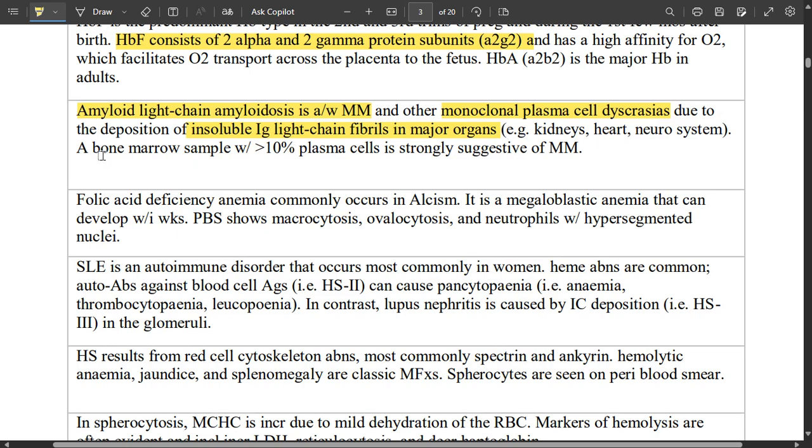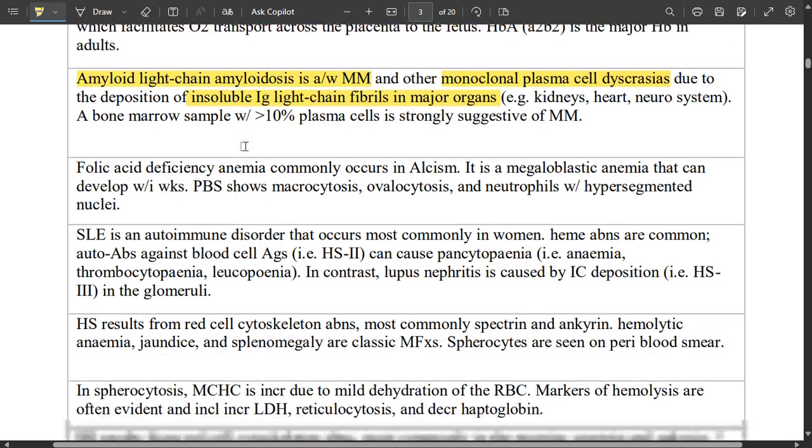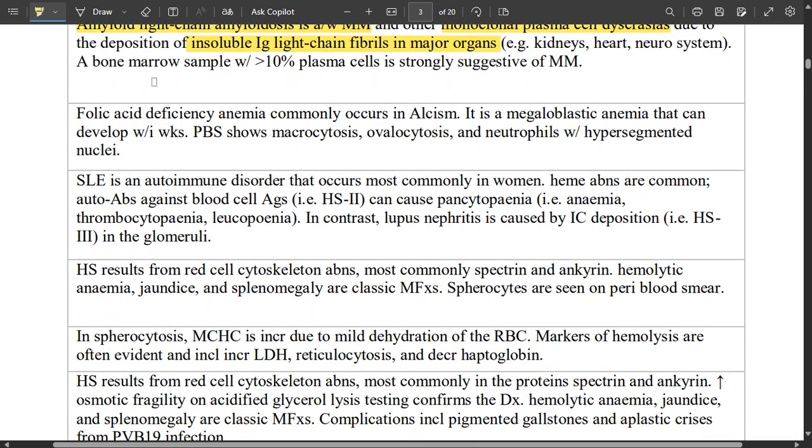A bone marrow sample with more than 10% plasma cells is strongly suggestive of multiple myeloma. So more than 10% plasma cells inside the bone marrow is indicative of multiple myeloma.